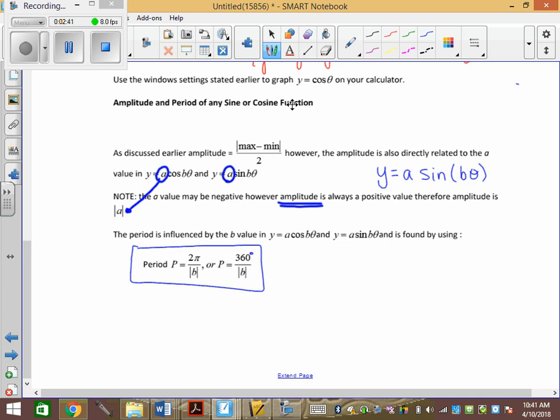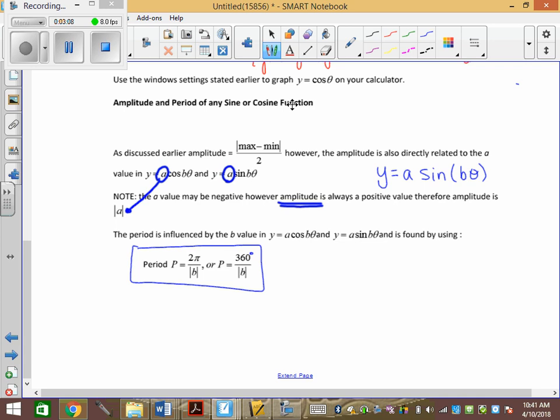We agree? So let's think about this. If our graph is normally 2 pi, if I stretch it by a factor of 2, the period is going to be twice as big, right? If I stretch it by a factor of a half, it's going to be half as big. So instead of 2 pi, it'd be pi, or instead of 2 pi, it'd be 4 pi if I stretched it, correct? Well, why are we dividing by that b?